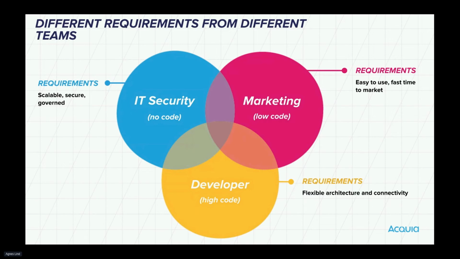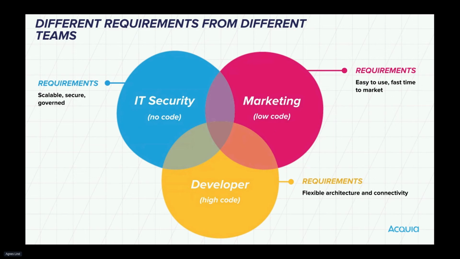And then from a developer's point of view, there's a Drupal-centric approach in a lot of ways. But we also know that this ecosystem, if you look at the new developers coming in, a lot of them are JavaScript developers, something like 70%. I suspect it's even higher than that. But they also have priorities: flexibility of architecture and connectivity. These are going to be priorities for these different teams.